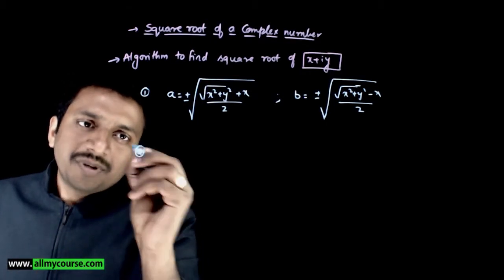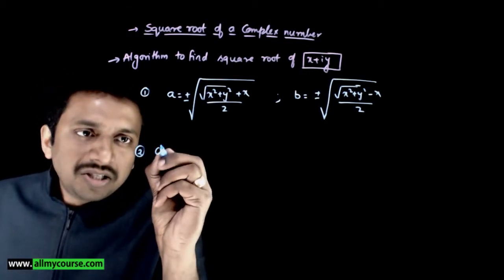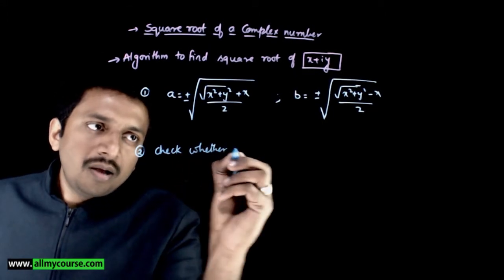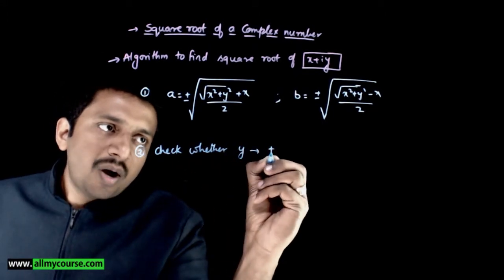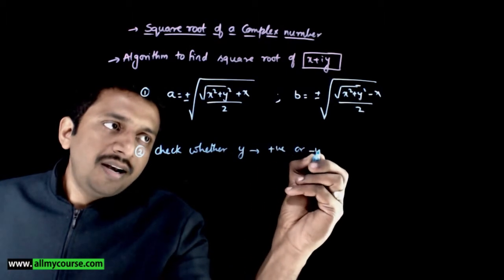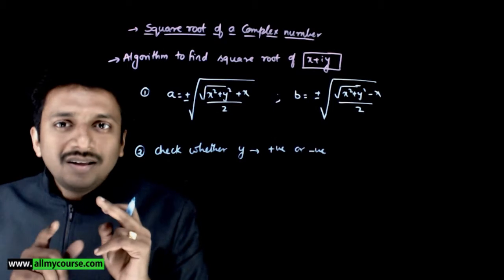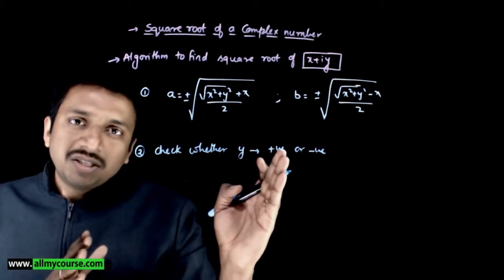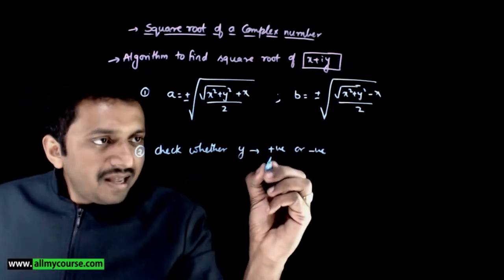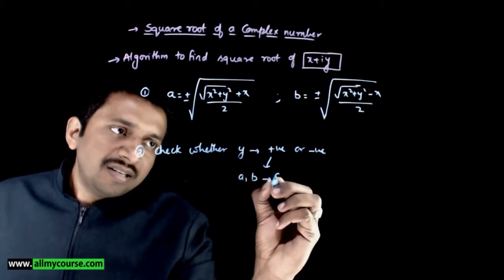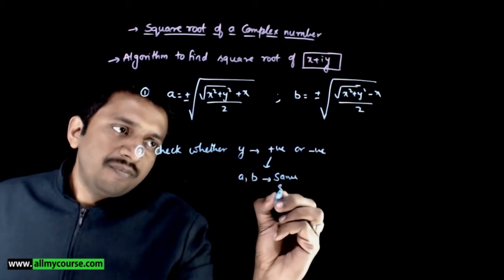In the second step, check whether y is positive or negative. That is, in the given complex number, you just need to check whether the imaginary part is positive or negative. So if y is positive, a, b have the same sign.